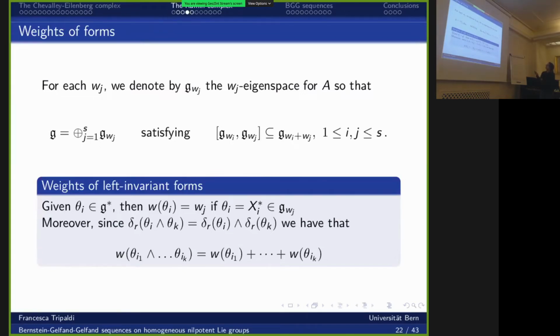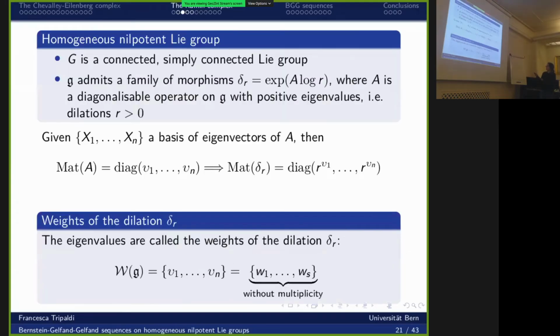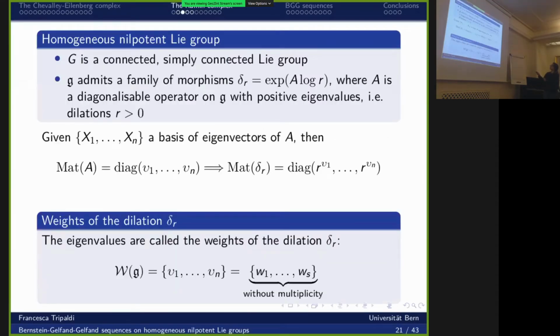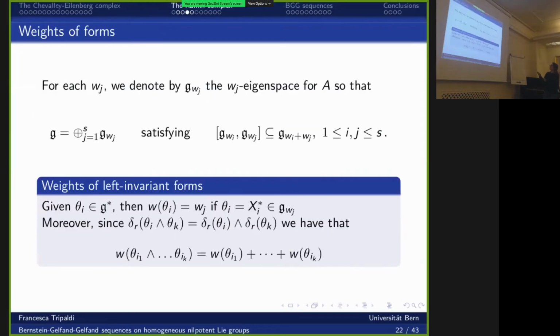Okay, so why are we taking this homogeneous situation? It's because this reflects well onto the Wj eigenspace for A. A was the thing that defined the dilation. So you have a direct sum decomposition of the Lie algebra in terms of these eigenspaces, and they satisfy this inclusion.